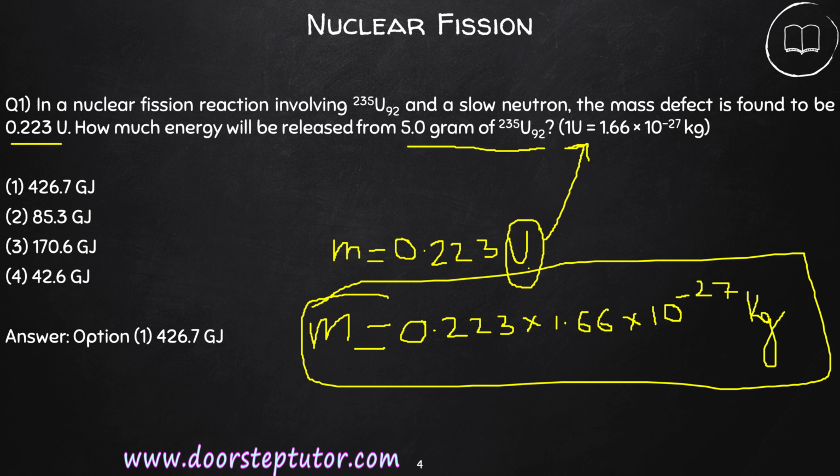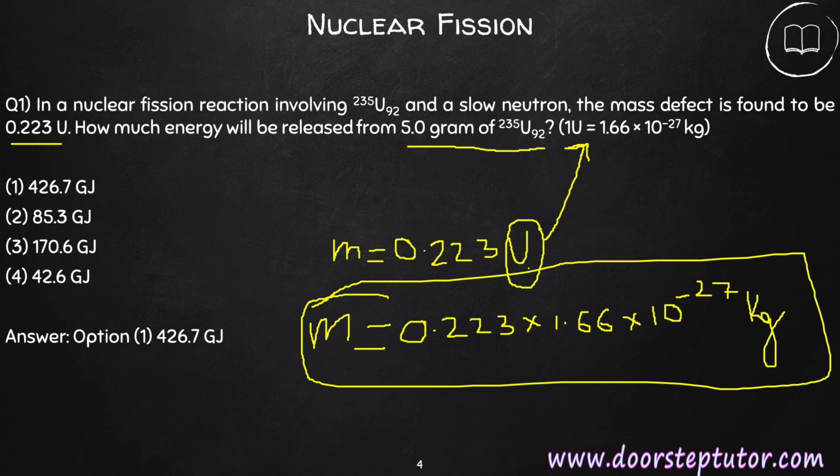The options are 426.7 gigajoule, option 2, 85.3 gigajoule, option 3, 170.6 gigajoule, option 4, 42.6 gigajoule, and the correct answer is 426.7 gigajoule.